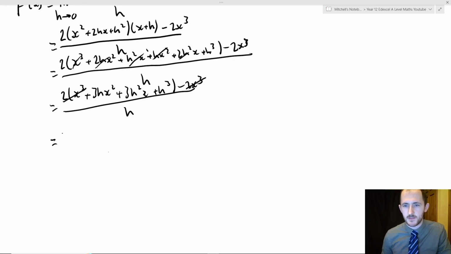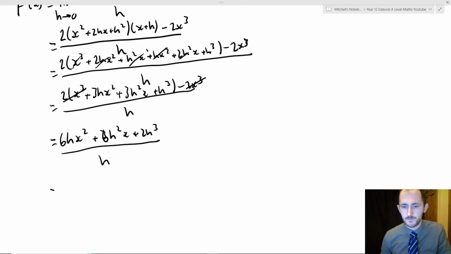So that leaves us with 6hx squared plus 6h squared x plus 2h cubed over h, which we can now cancel an h from everything, and we're left with the limit. Again, I am being a bit lazy and not writing limit every single time.